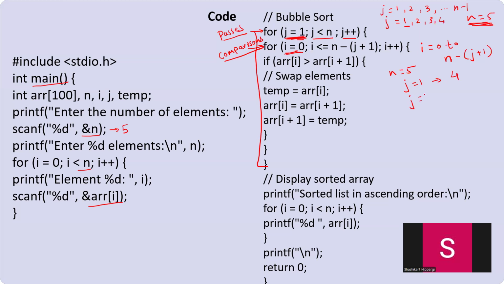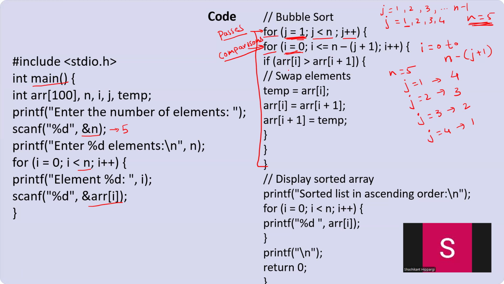If we are in the second pass, three comparisons will be done. In the third pass, two comparisons will be done. In the fourth pass, only one comparison will be done. So we have two loops for this.